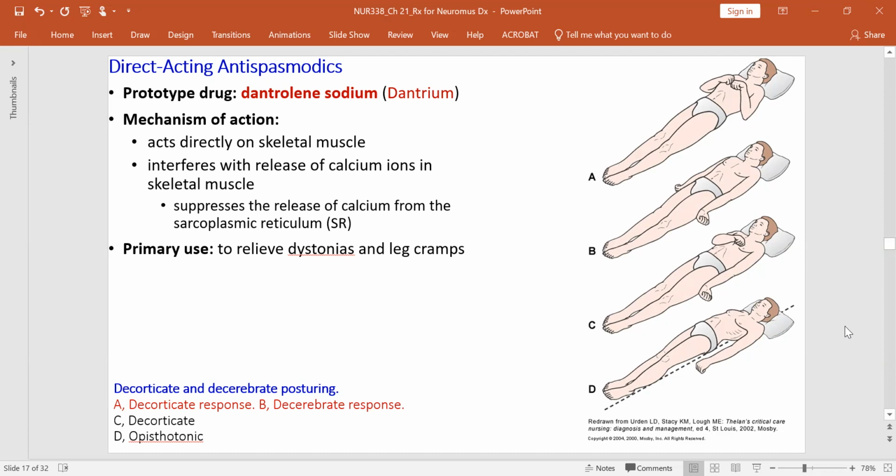How does the spastic muscle become more relaxed? Dantrolene relieves spasticity by interfering with the release of calcium ions in skeletal muscle. The calcium release from the SR is necessary for skeletal muscle contraction. So if the release of calcium is blocked, the muscle tension will be reduced.